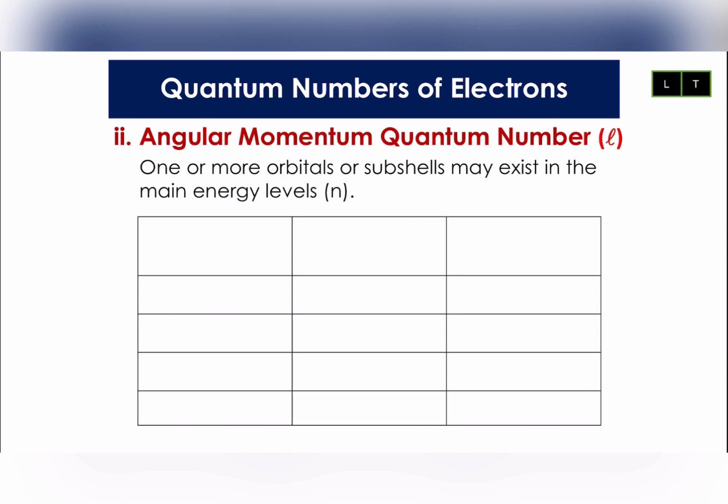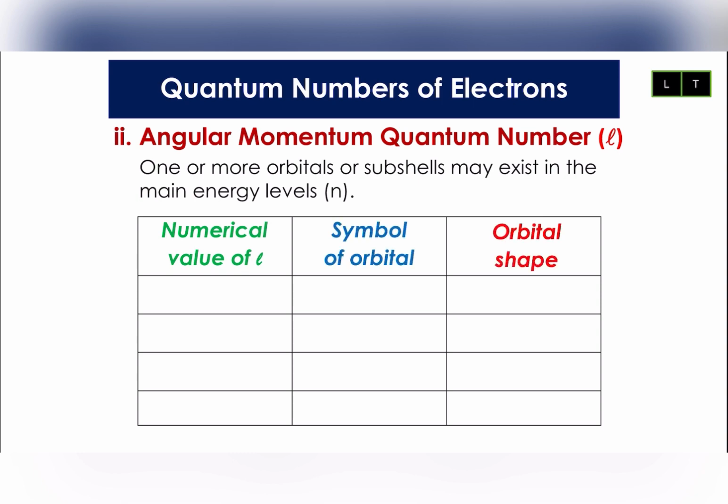Based on the numerical value of L, I can determine the symbol and the shape of the orbital. If L equals 0, the lowest, the symbol is S and the shape is spherical.